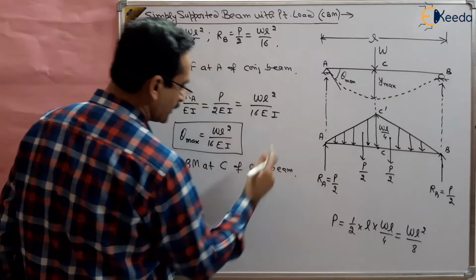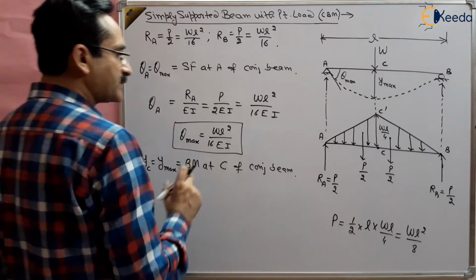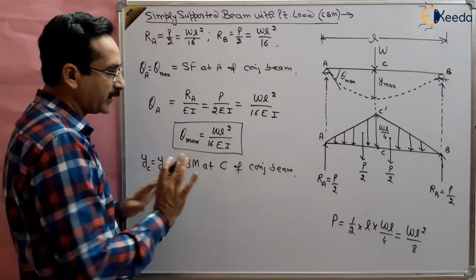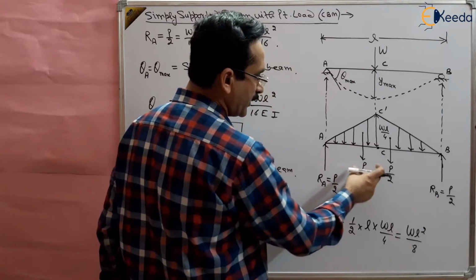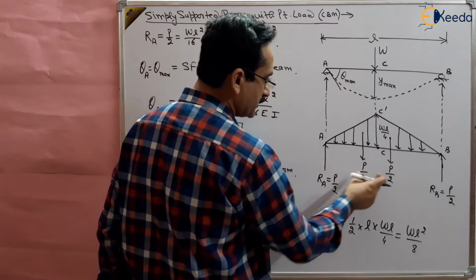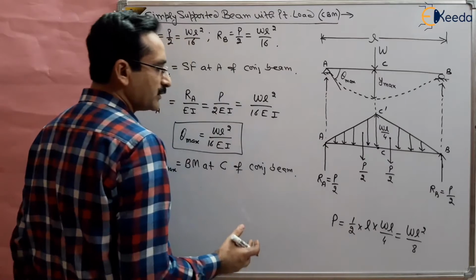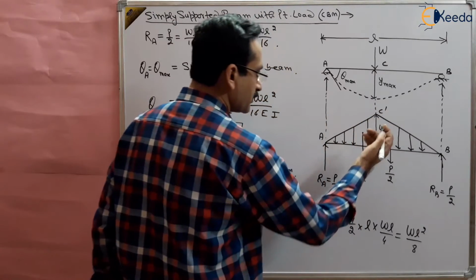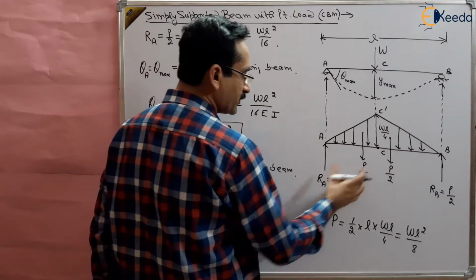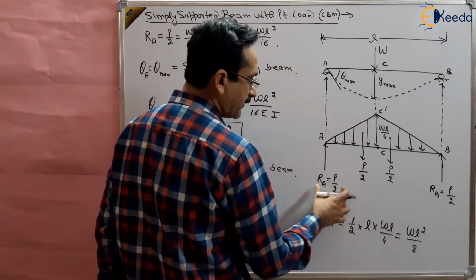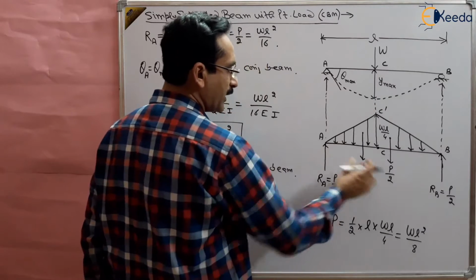We are talking about the conjugate beam. So what is the bending moment at C, divided by EI, that is by default. So the moment of this RA and the moment of this P by 2. Taking moments about C, the bending moment to the left of the section, there are two forces to the left of the section: one is RA and one is this P by 2, right?